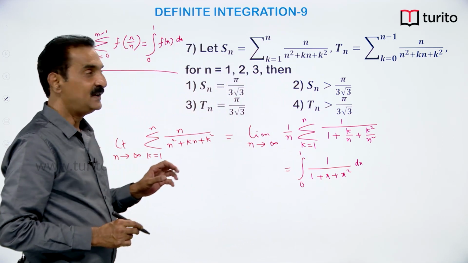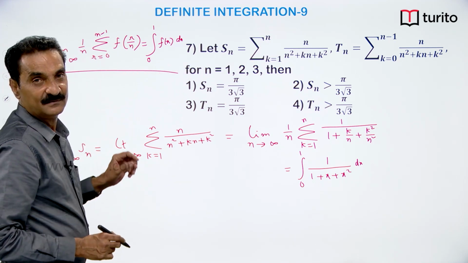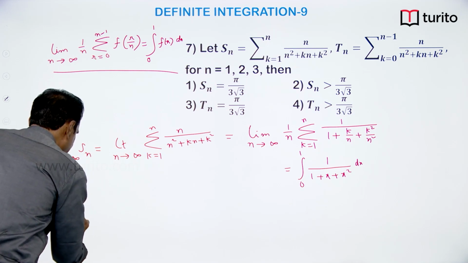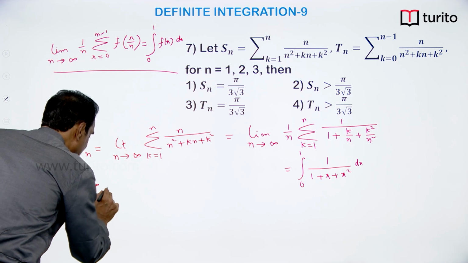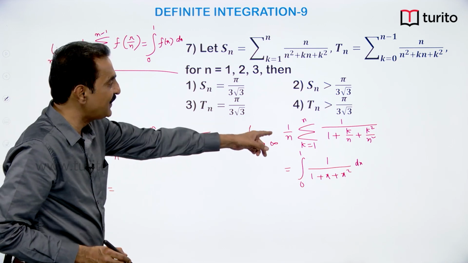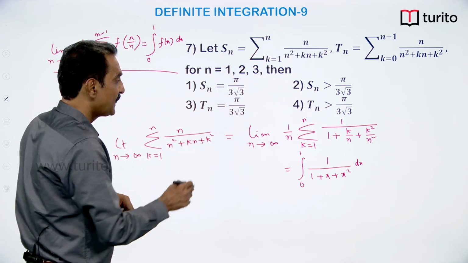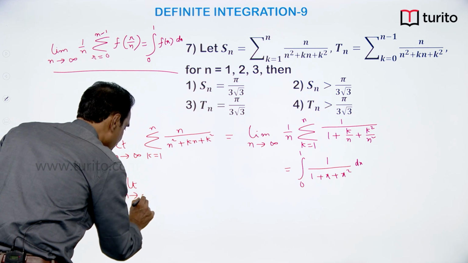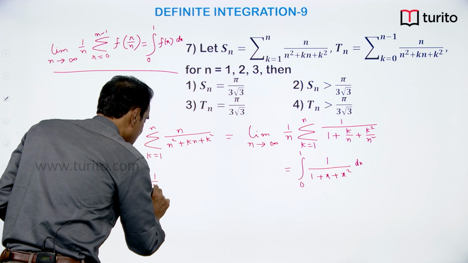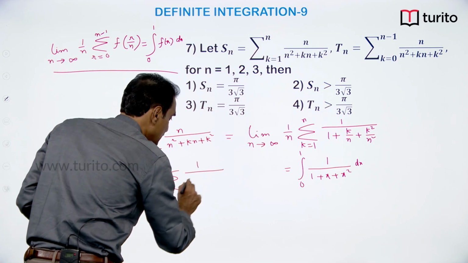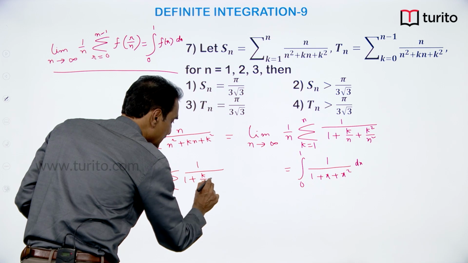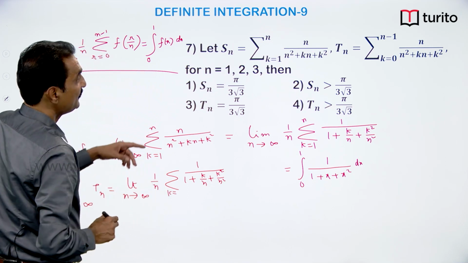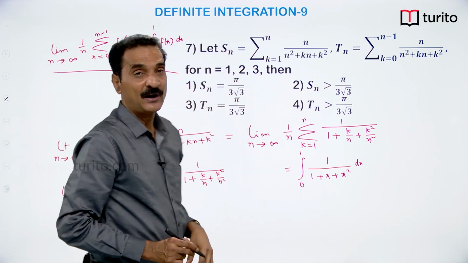And similarly, if you take Tn, limit n tends to infinity, Tn is equal to, if you proceed in the same way, only the limits will be different. What will we get? Limit n tends to infinity 1 by n sigma 1 by 1 plus k by n plus k square by n square, where k varies from 0 to n minus 1.